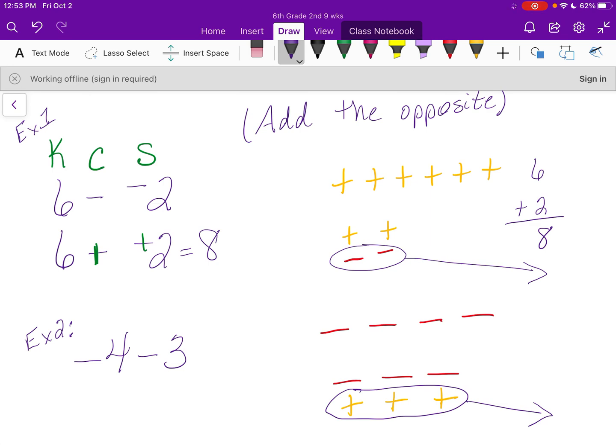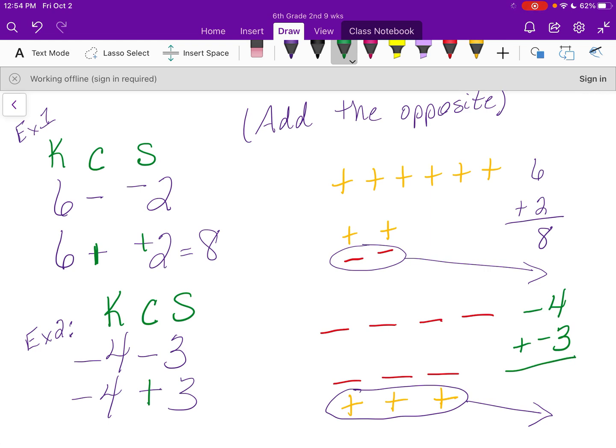All right, so let's look at it over here, we're going to do keep, change, switch. So we kept the -4, right? The -4 over here didn't change. And then I'm just going to rewrite this, -4 minus 3. And then we added the 3 zeros. And so after we took away the 3 positives, what we really added together was -4 plus -3.